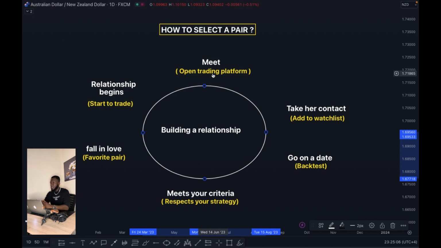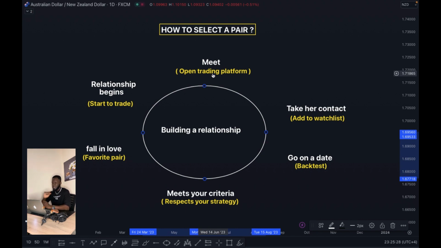They've backtested this pair, they've traded this pair for some time, and they love how this pair moves. So they are in love with this pair, right? They now begin to start a relationship, right? And starting a relationship is when you begin to place a trade on that pair, right?